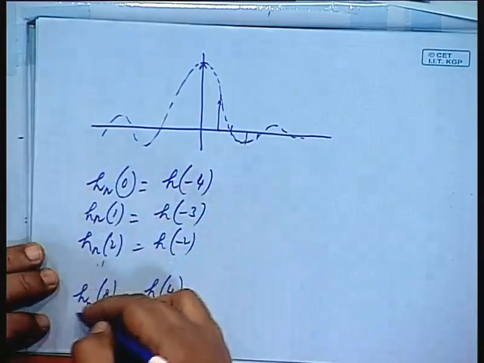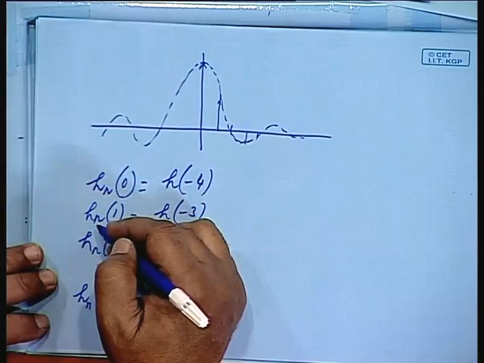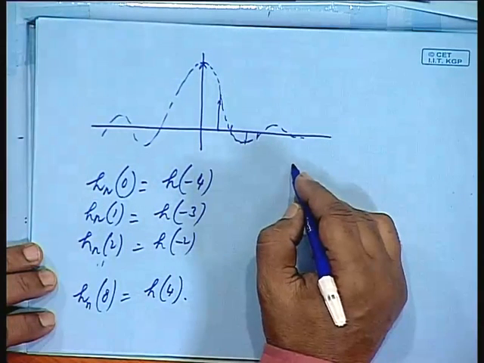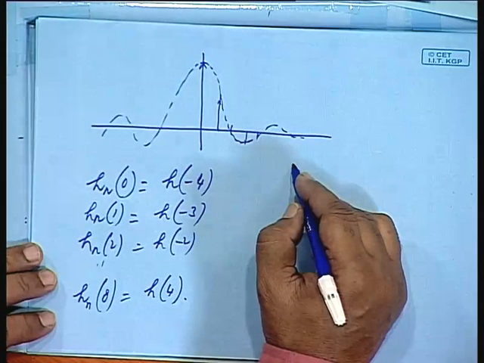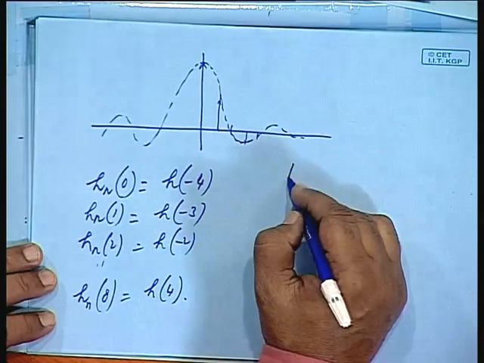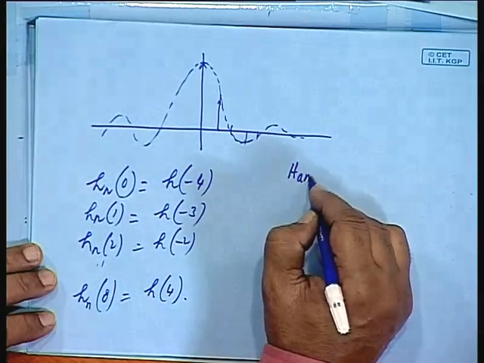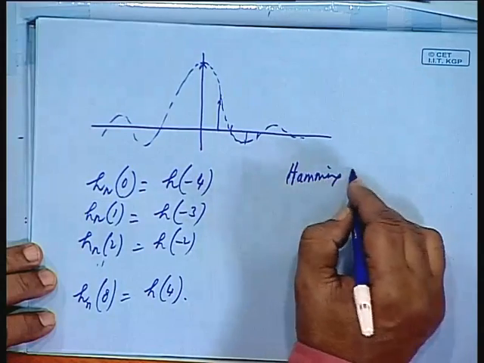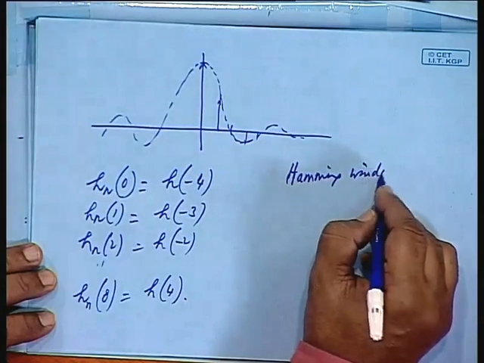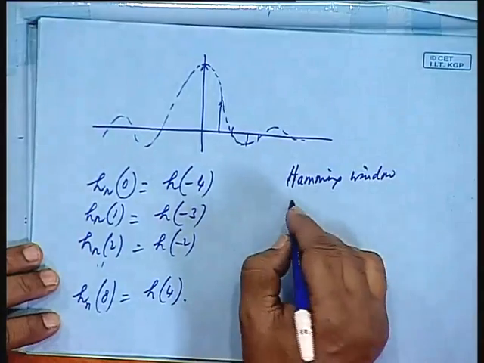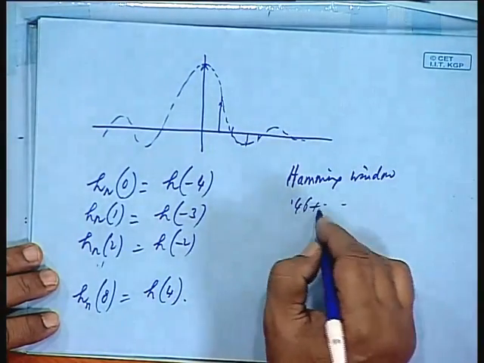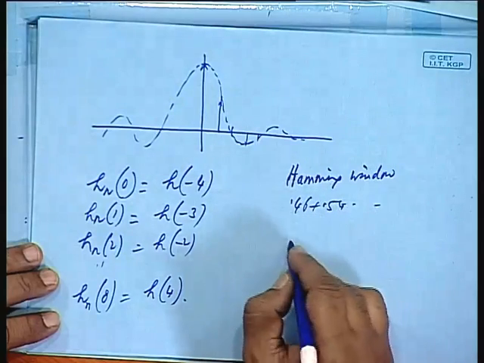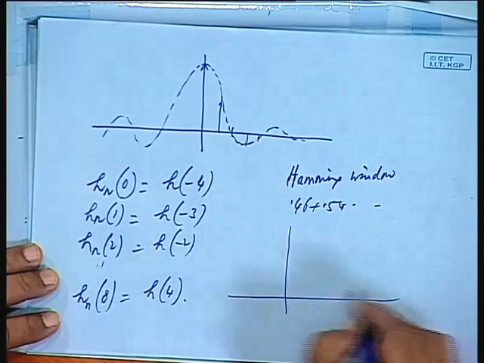After you have obtained these, you have been asked to use Hamming window. So, window function, Hamming window function is given to you. All right, 0.46 plus 0.54 cosine. Okay, it looks like this.